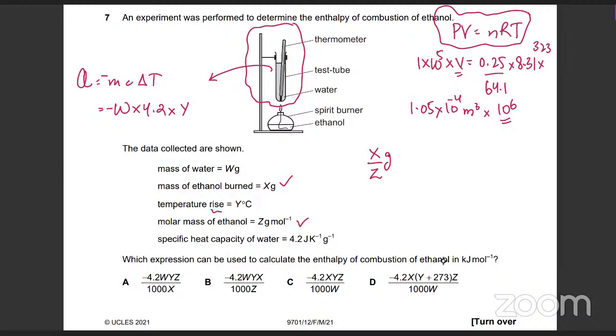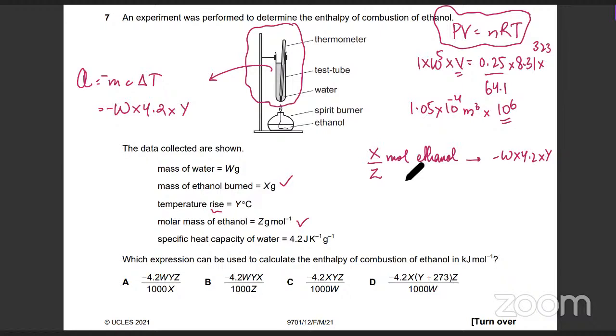So you basically burned mass divided by Mr, these many moles of ethanol. And the amount of heat produced is minus W times 4.2 times y. You burned x grams of ethanol, which is x divided by z moles, and these many moles produce this much energy. Is this clear?